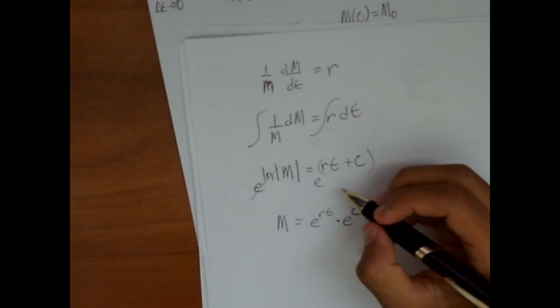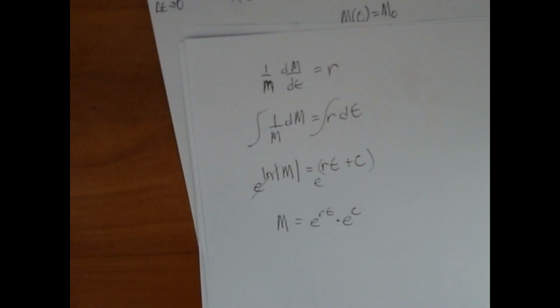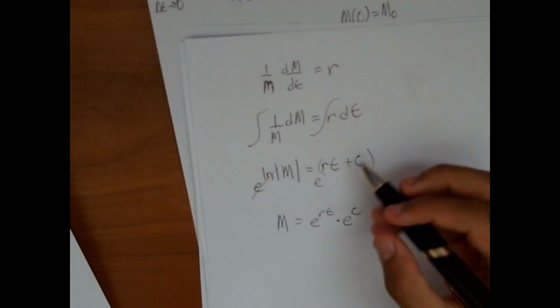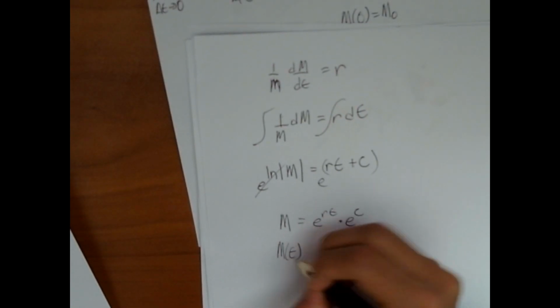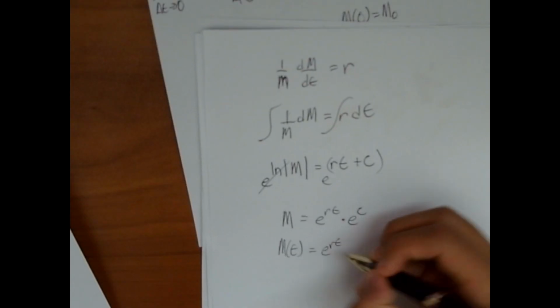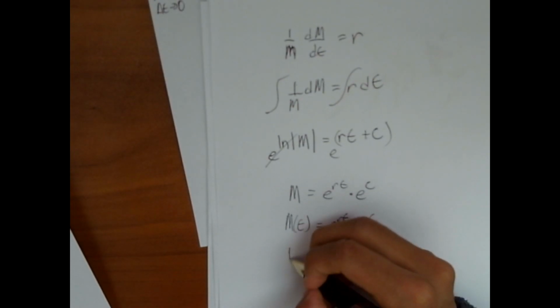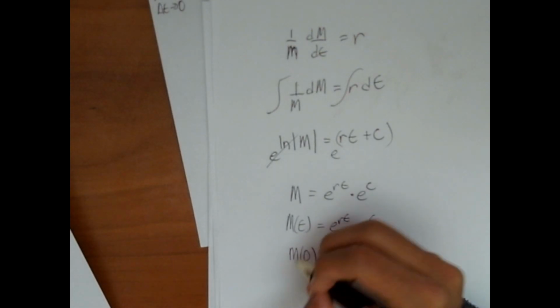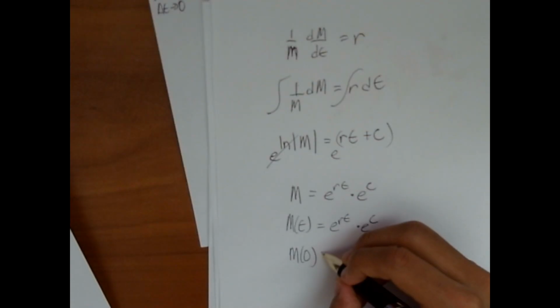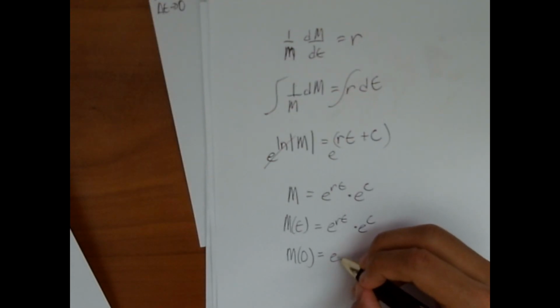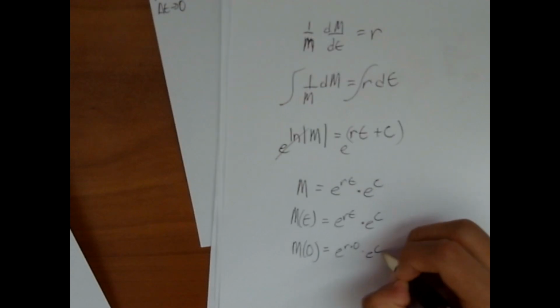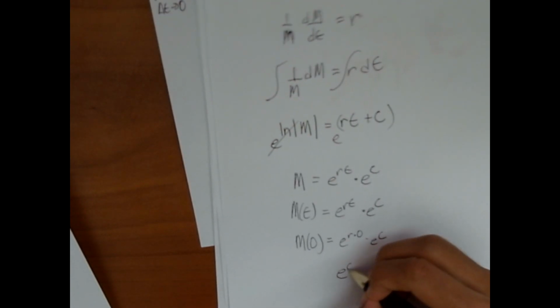Okay. So now we can think about our initial condition again. What is C? Remember, this is with respect to time. Let's not forget that. We know that M at time 0 is equal to e^(r times 0) times e^C, and that's equal to e^C.